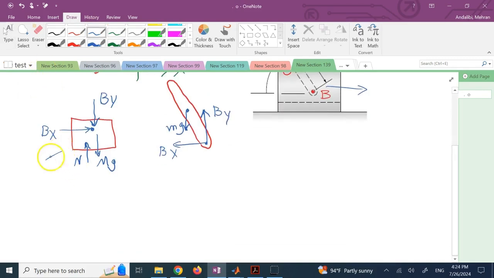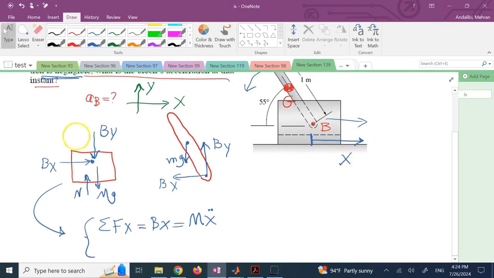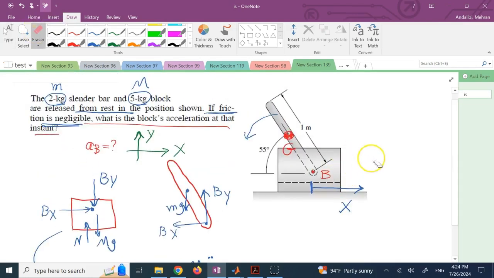So for the free body diagram of the cart, if you look, sum of forces in the X direction is simply just Bx. That should be equal to mass times X double dot, where X here is X of point B. So the motion of this point, we're going to show it with X. That's the first degree of freedom, and the other degree of freedom that you have is the rotation of the angle, right?